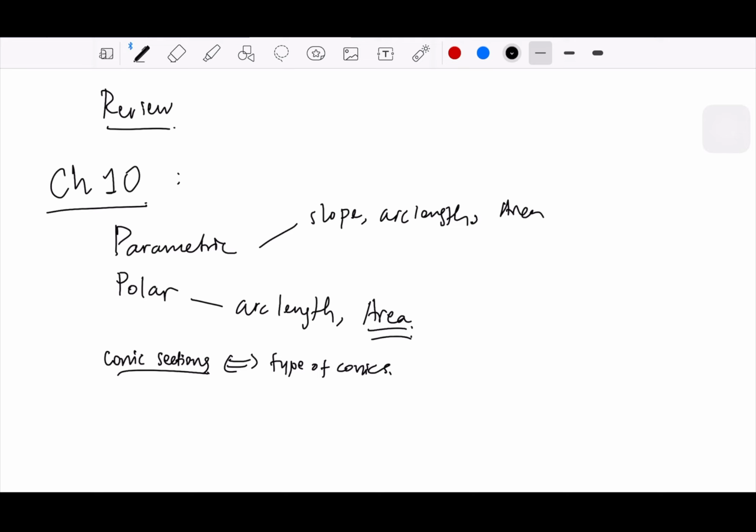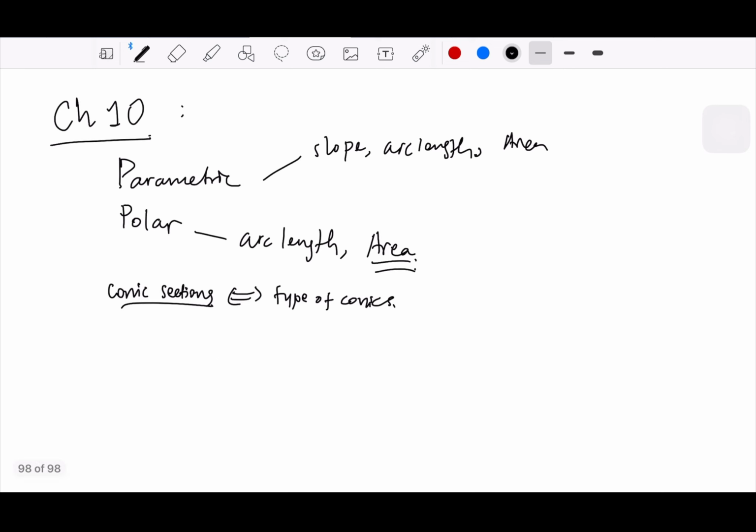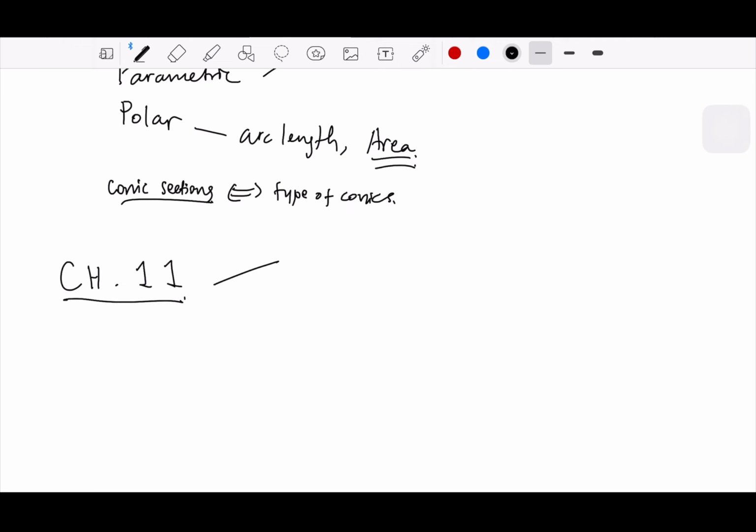So let me just focus on chapter 11. First, we learn about sequences.